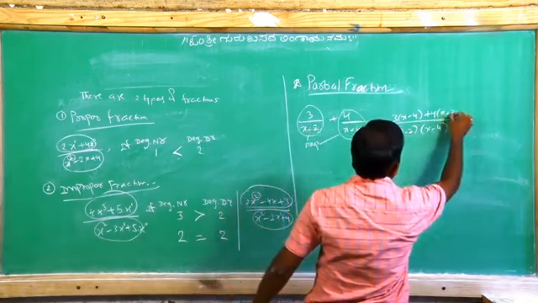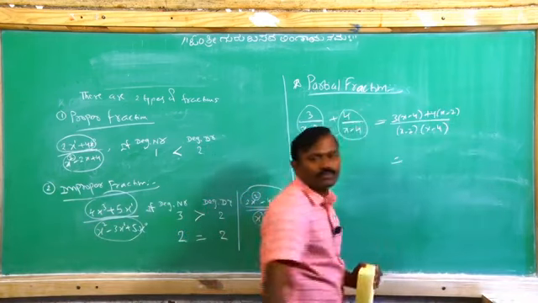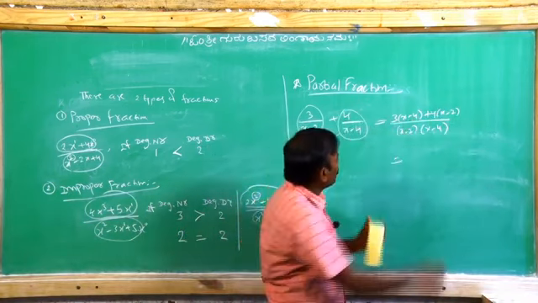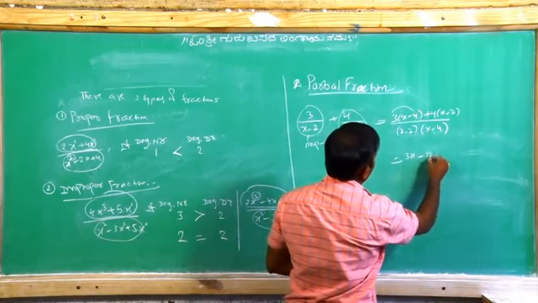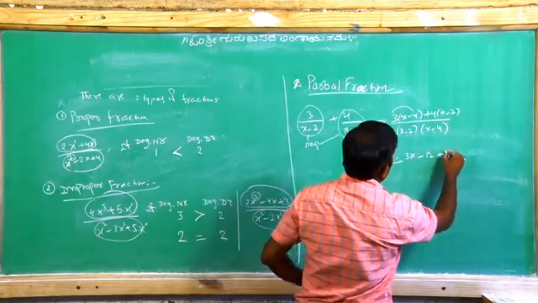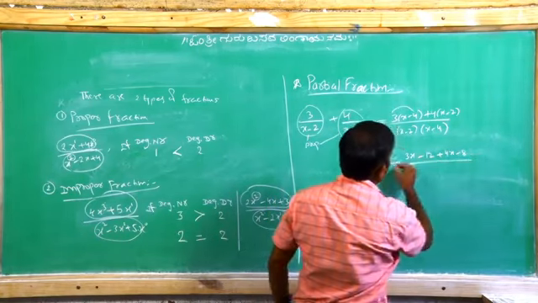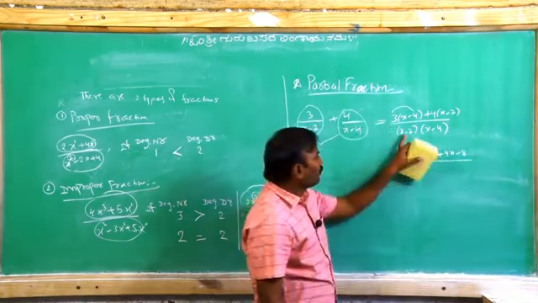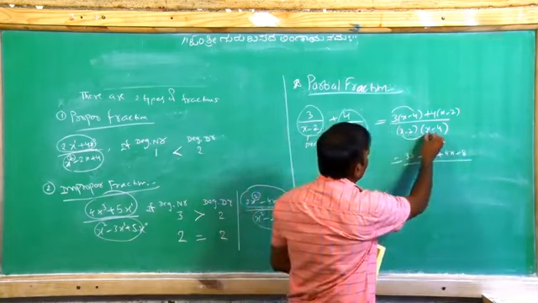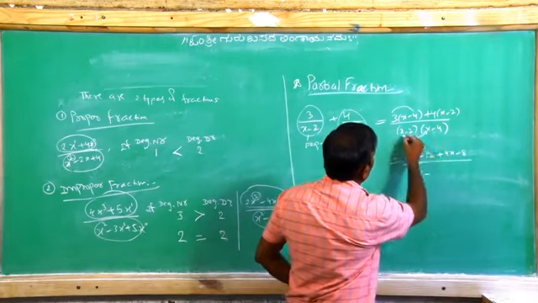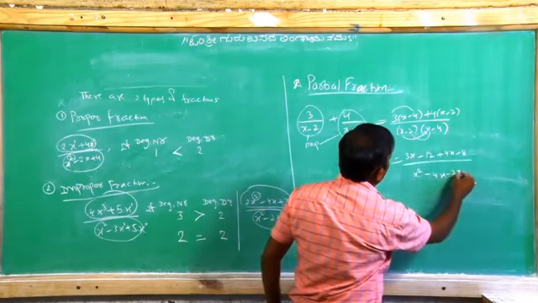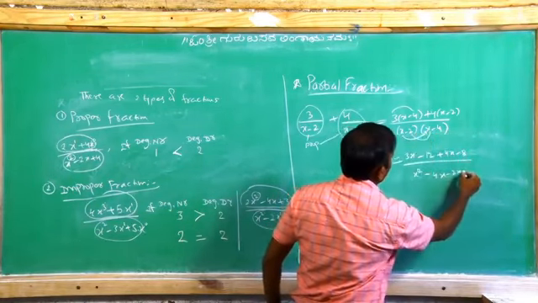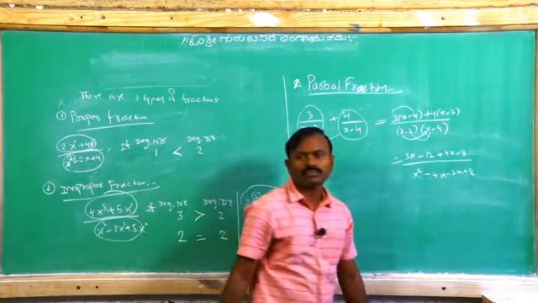Multiplying, 3 into x minus 4 is 3x minus 12, and 4 into x minus 2 is 4x minus 8, divided by multiplying the two brackets: x into x is x square, x into 4 is 4x, minus 2 into x is minus 2x, minus 2 into minus 4 is plus 8.